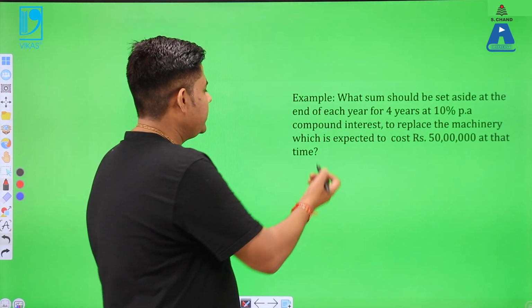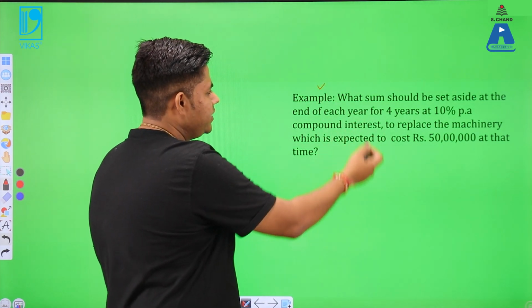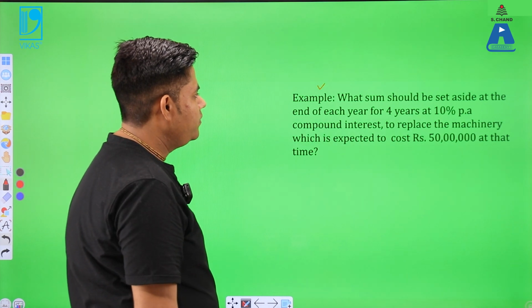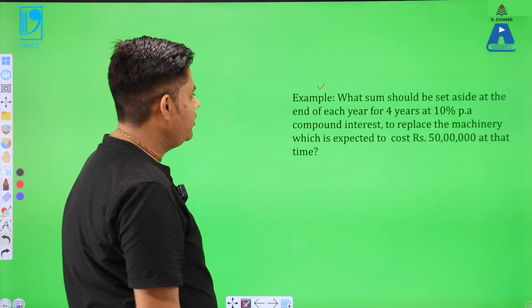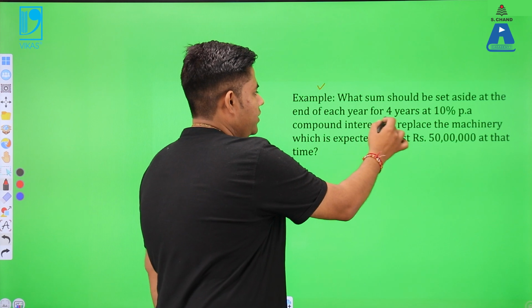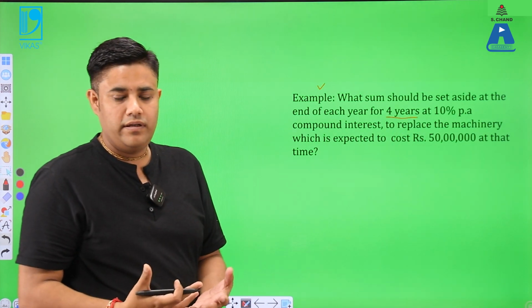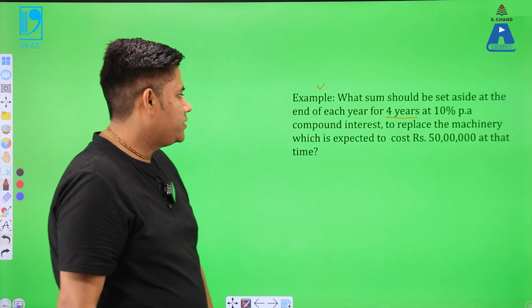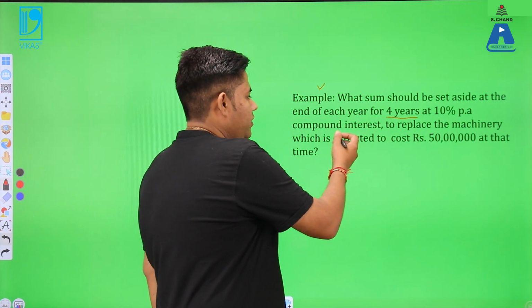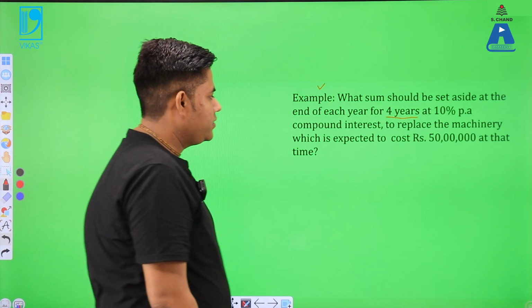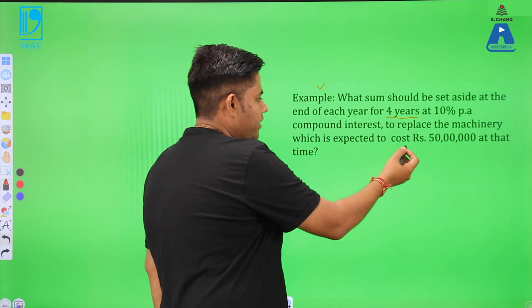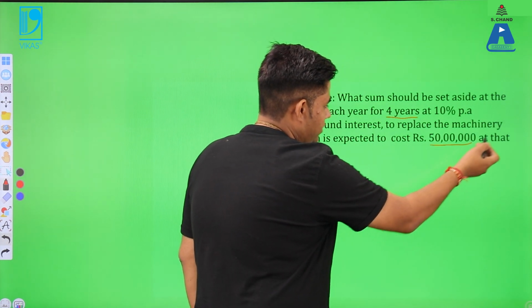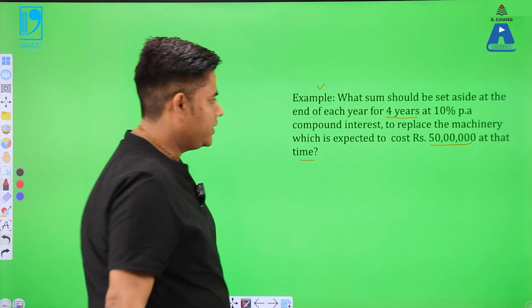So you can see that the question says, what sum should be set aside at the end of each year for 4 years? That means a person wants to do a yearly saving for, let's say, 4 years at the rate of 10%, compounded with the help of compound interest, to replace the machinery which is expected to cost rupees this amount at that particular time.